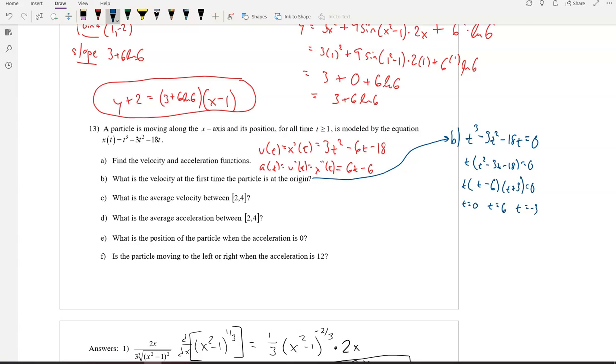So we have 3 times when the position function is equal to 0. But we're asked to find what is the velocity at the first time the particle is at the origin. Which one of these times is the first time the particle is at the origin?